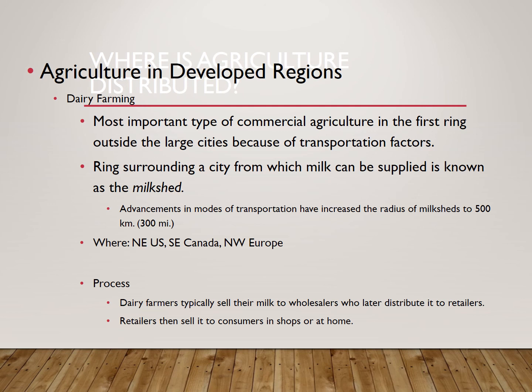And I'll break that down for you. So milk can't be thousands of miles away. Yeah, they could keep it in a refrigerated truck, but it's not worth the cost to ship our milk all the way from Oregon, right? Your milk is going to be more local than that.